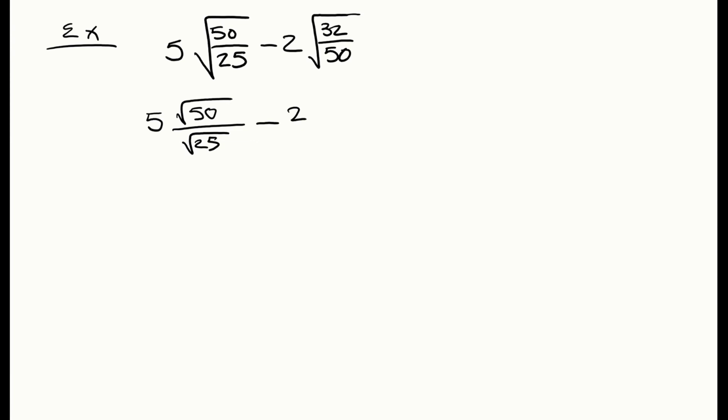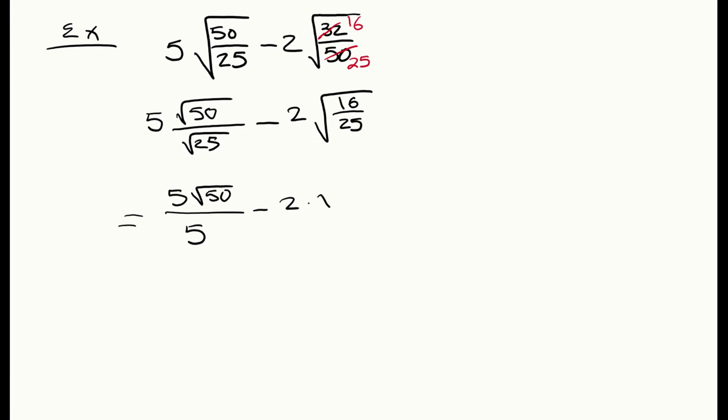So if I were to actually do that simplification first, that would give us 16 and 25, which we now know is a much better situation for us, because we now can say 5 radical 50 over 5 minus 2 times radical 16 over radical 25.